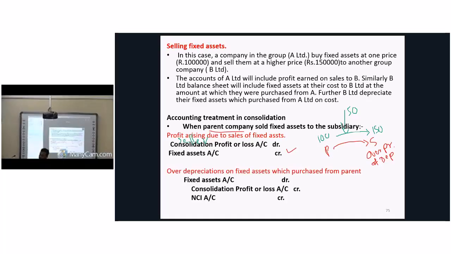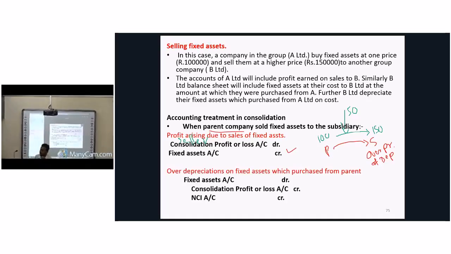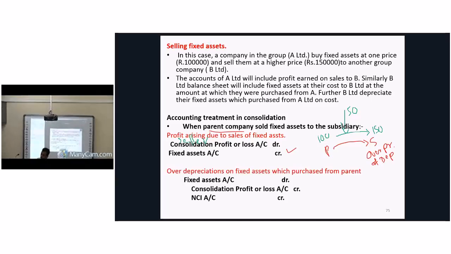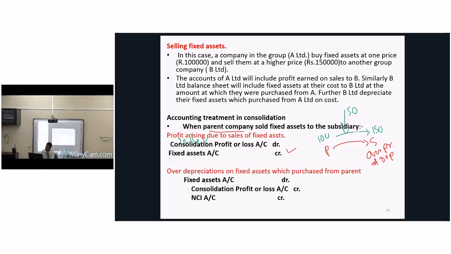Therefore, if any property, plant and equipment is sold by one entity to another inside the group with a profit amount, that profit should be eliminated in full. How do we eliminate it? Seller's consolidated retained earnings debit, property, plant and equipment credit.